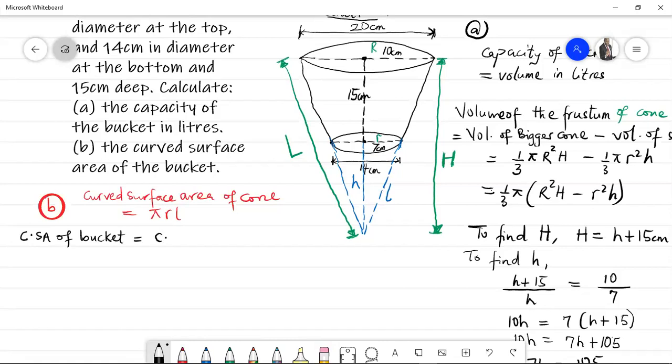The curved surface area of the bucket, which is what we are looking for, is going to be equal to the curved surface area of the bigger cone, just like we did for volume, minus the curved surface area of the smaller cone.